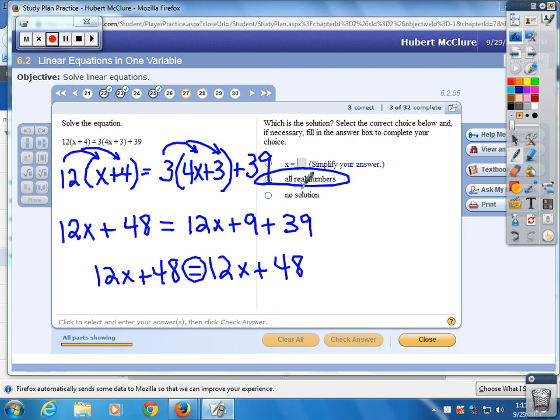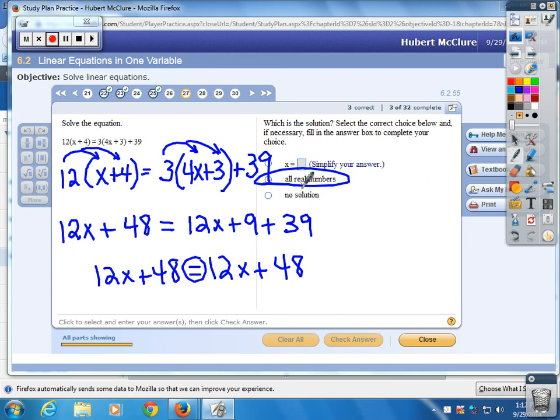0. 0 plus 4 is what? 4 times 12. 0 plus 3 is? Last time I checked, it was 3. 3 times 3? 9 plus 39? Pick another number. 6 plus 4? 10 times 12?